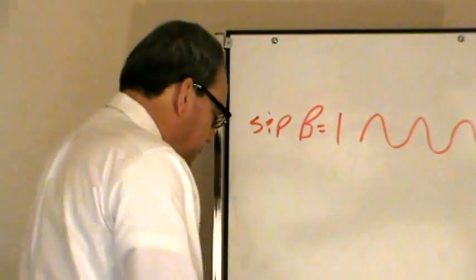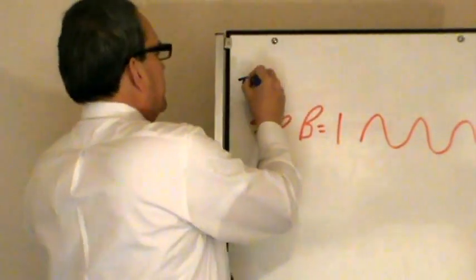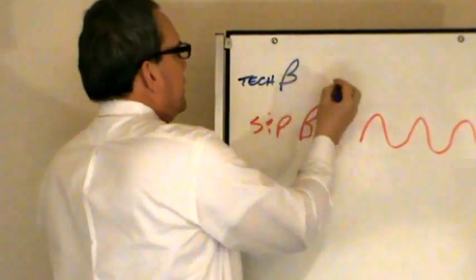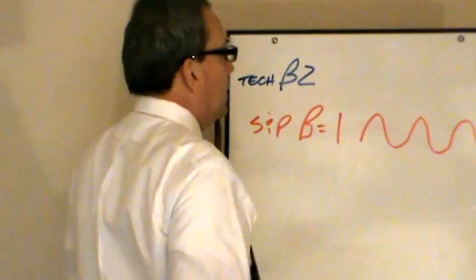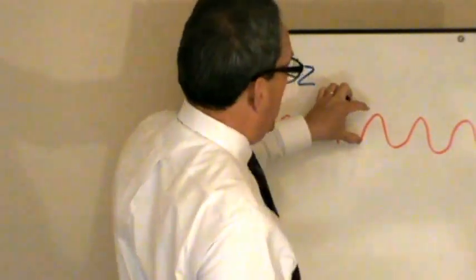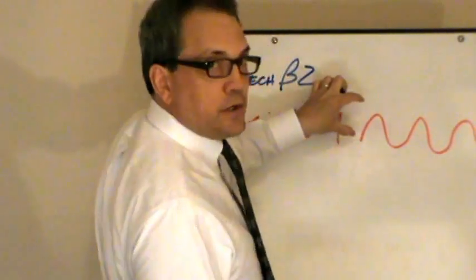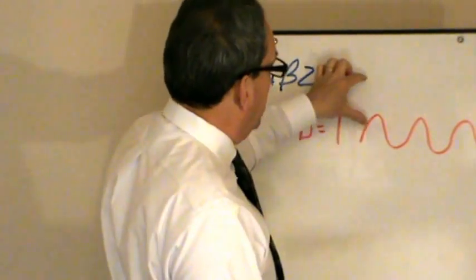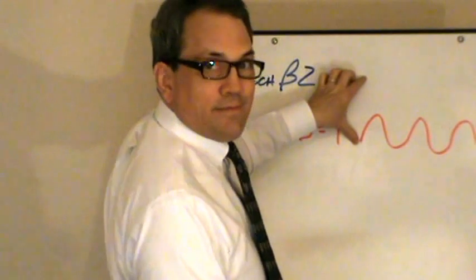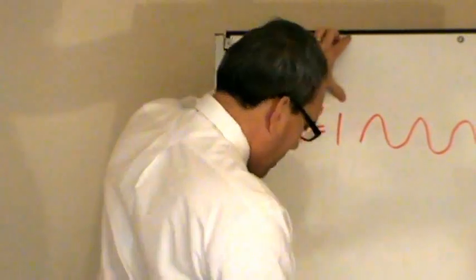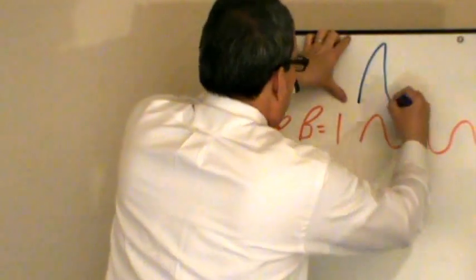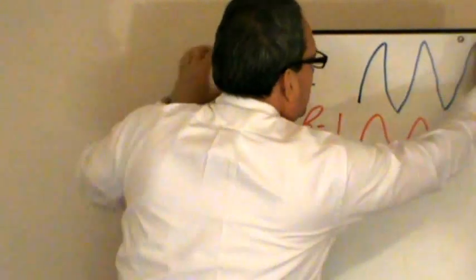Now we could compare that to a tech stock, for instance, which has a beta of 2. When I move this much on the S&P 500 with a beta of 1, I'll need to move that much, twice as much, so my tech stock will actually look more like that.